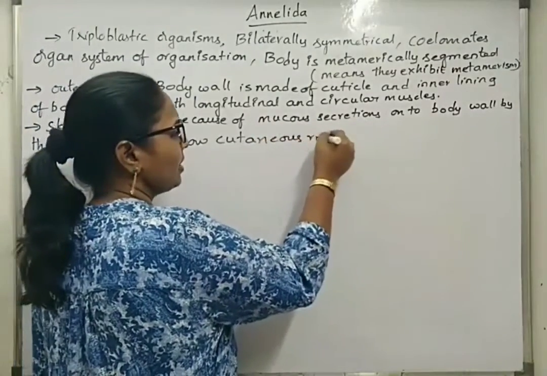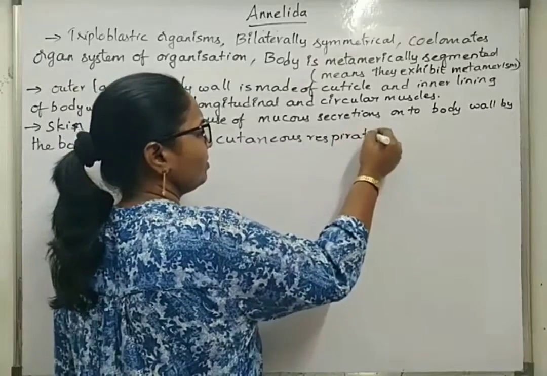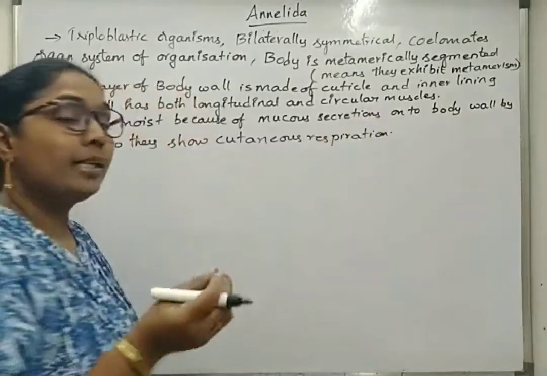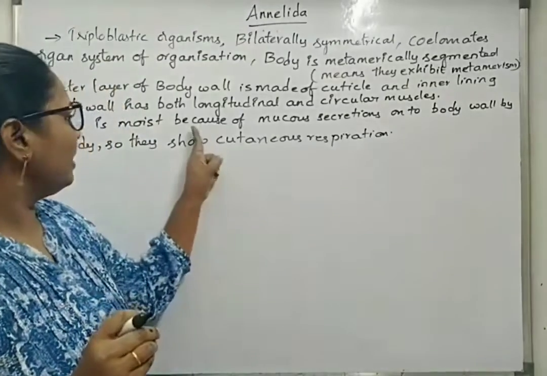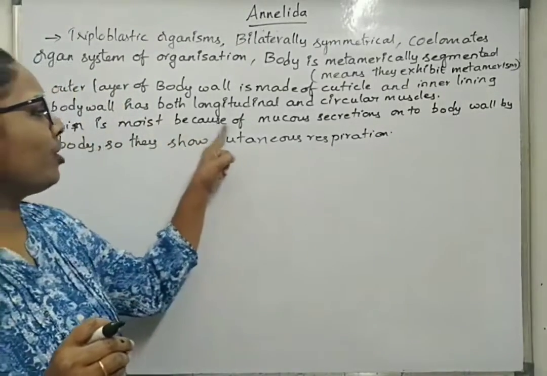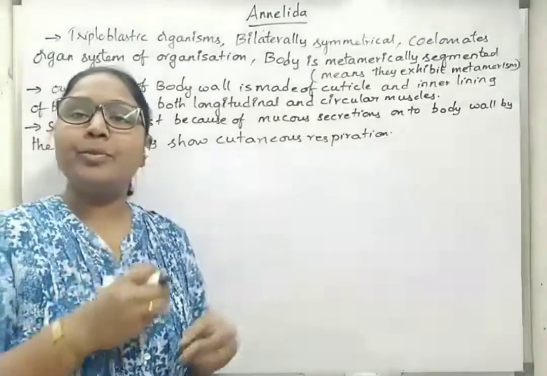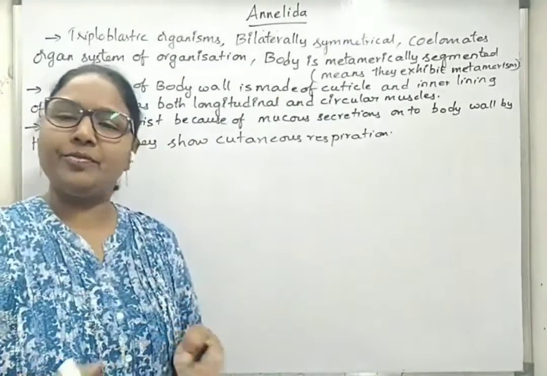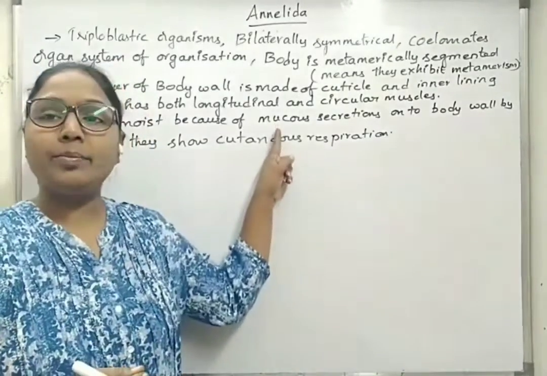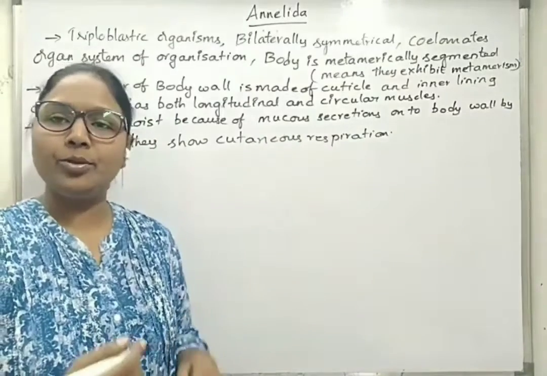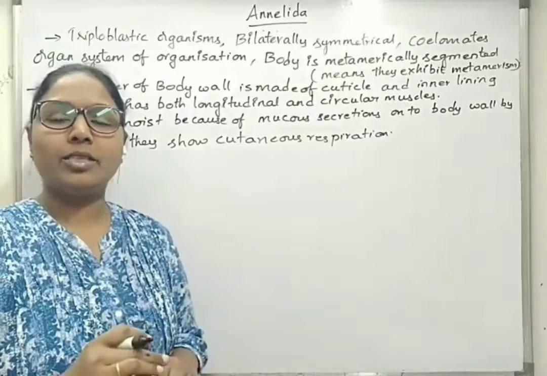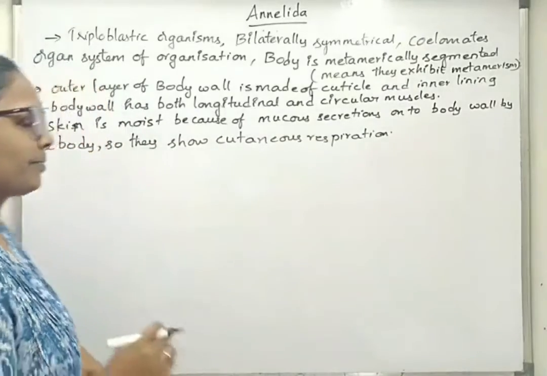Then how do they take oxygen into the body? The skin is moist because of mucus secretions. When mucus is secreted outside the body, oxygen becomes dissolved in the mucus. That oxygen diffuses slowly into the body so that oxygen is dispersed throughout the body.